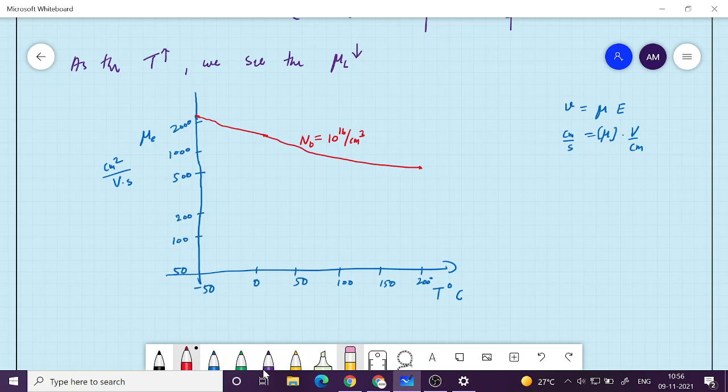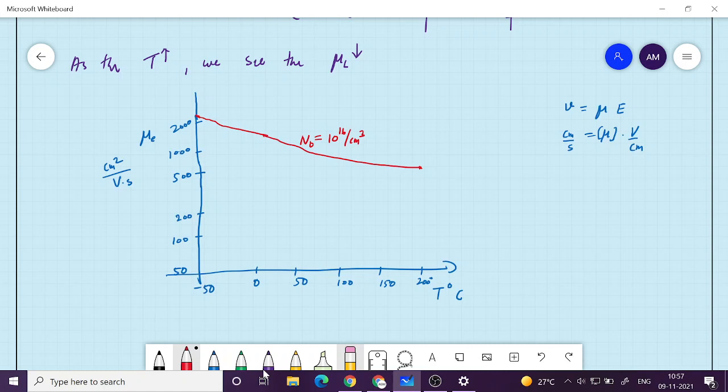Now, if you go to a higher doping, what do you think? Mobility will be more or less? Will this, the curve corresponding to Nd equal to say 10 raised to 17, how will it change?